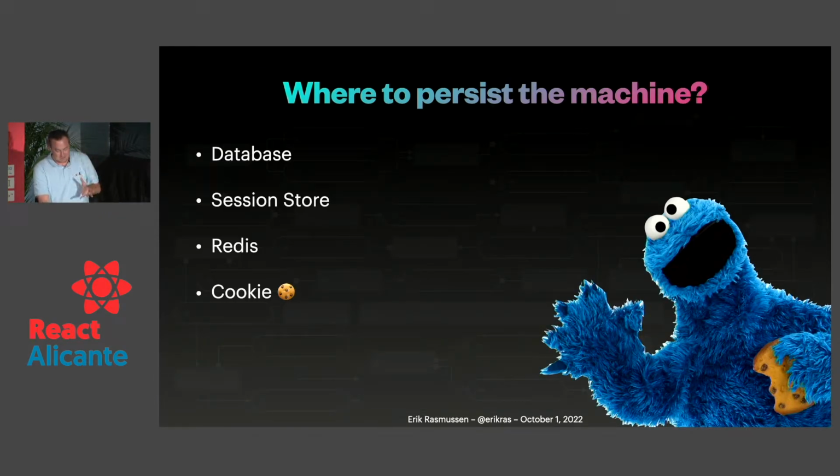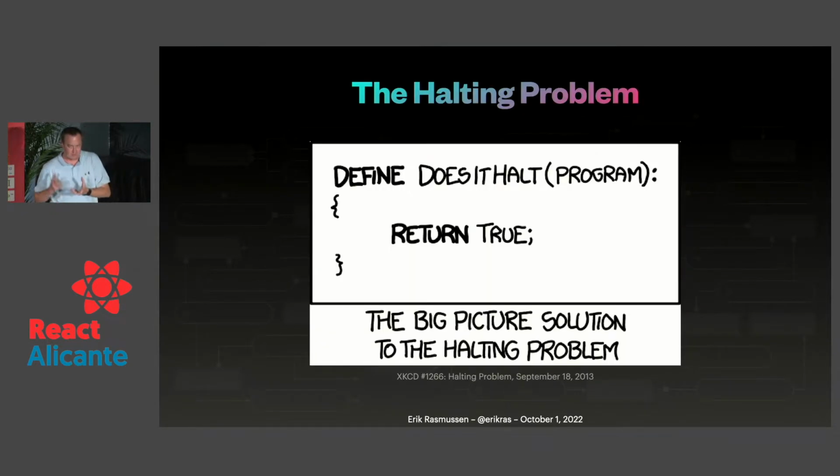Now, we have this other problem in computer science, called the halting problem. And it states that there is no way to be certain that your computer program is ever going to finish. You can't know if you're in an infinite loop, because it's just a black box and you just don't know.